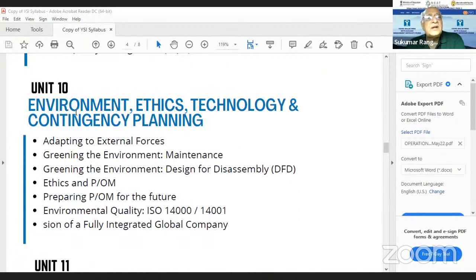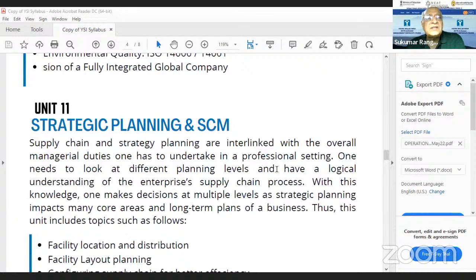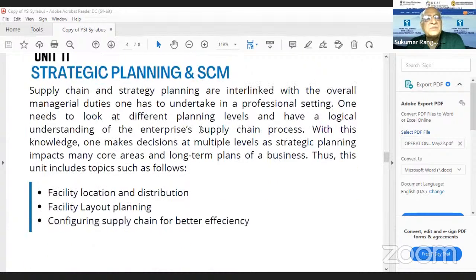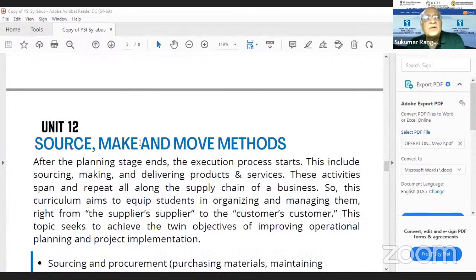Then a unit on environment, ethics, technology, and contingency, because today everything we are talking about is sustainable development goals, and talking of ISO 9000 for systems and ISO 14001 for environmental quality. And strategic planning and supply chain management, source, make, and move methods in supply chain.